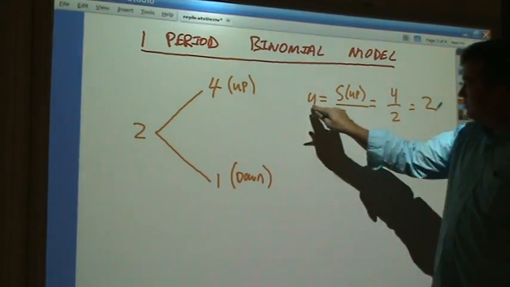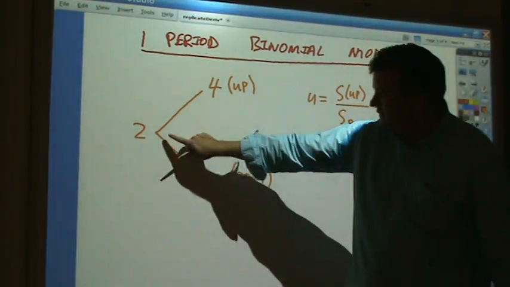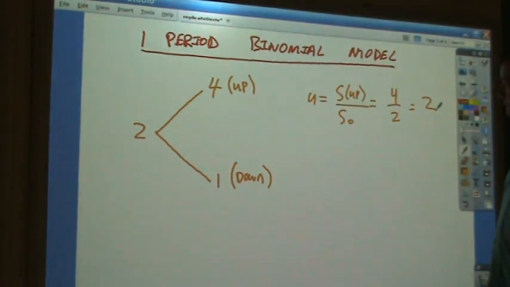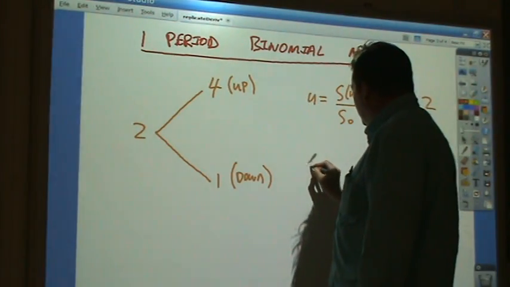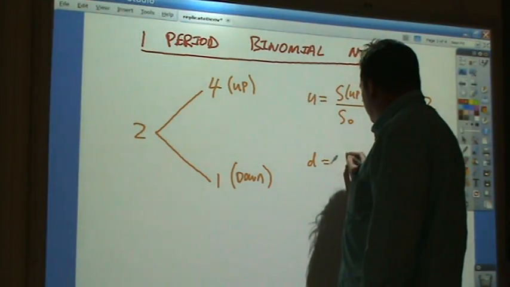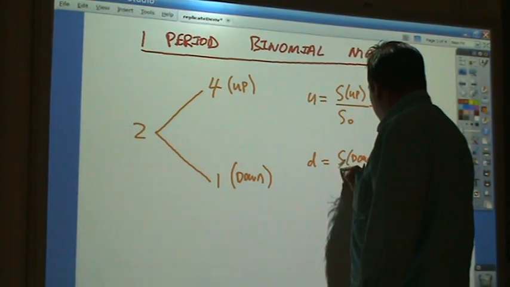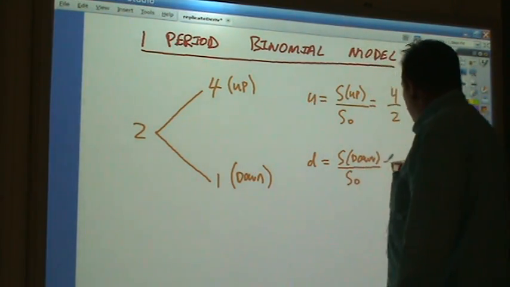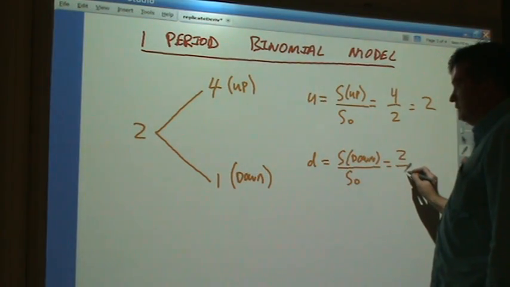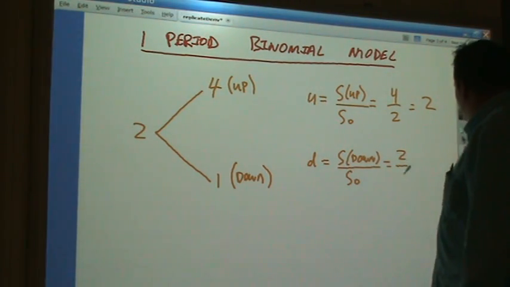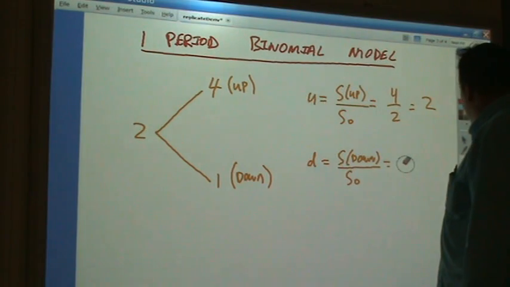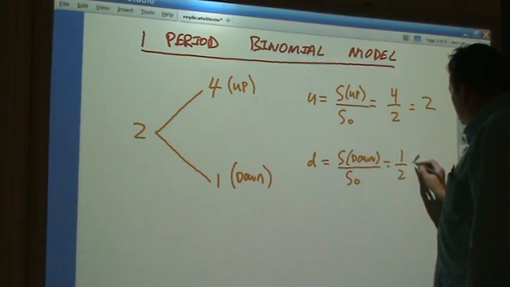So there's a multiplier. The stock doubles if the market goes up. And then we'll have D, which is the stock price in a down market divided by the original stock price, which is 1 divided by 2, which is a half.